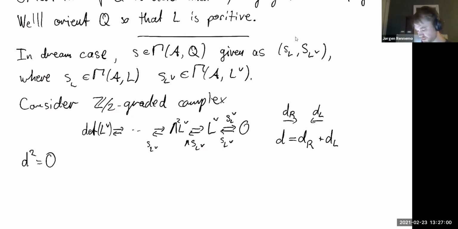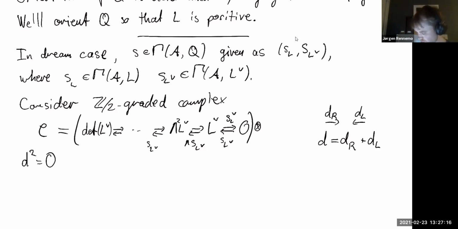So I write down this complex, and I don't quite want to take just this. I want to twist this. I want to make this symmetric.